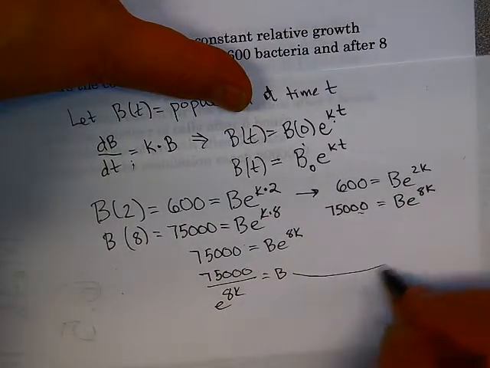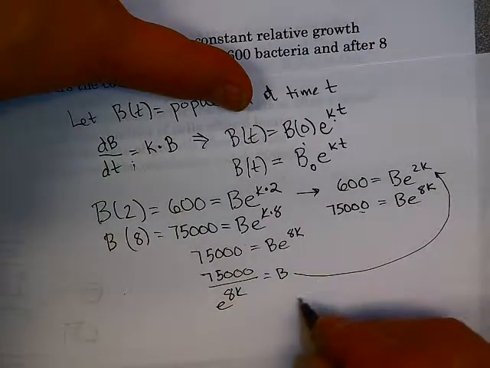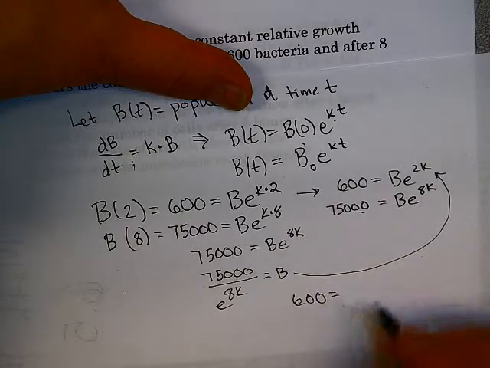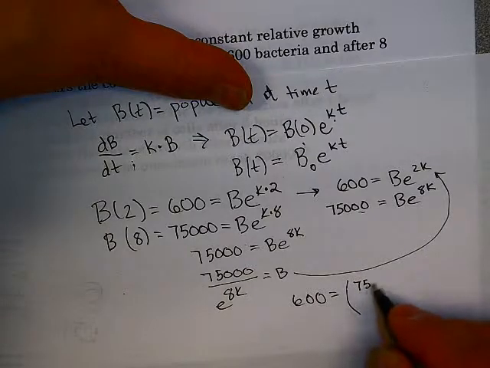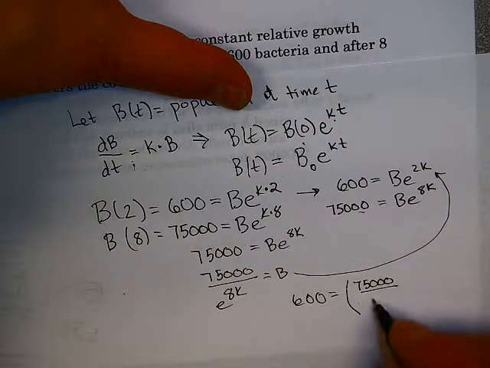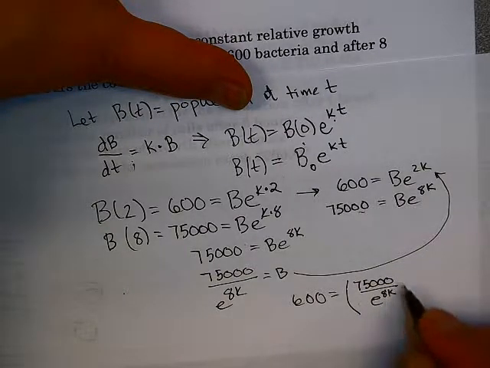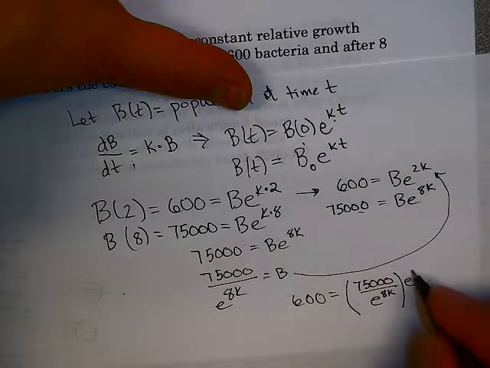Now I'm going to substitute this into the first equation. So instead of 600 equals B e to the 2k, I'm going to put in 7,500 over e to the 8k, and multiply that by e to the 2k.